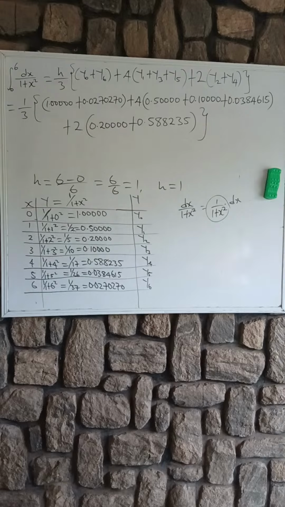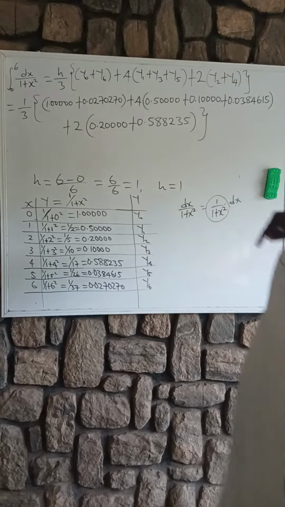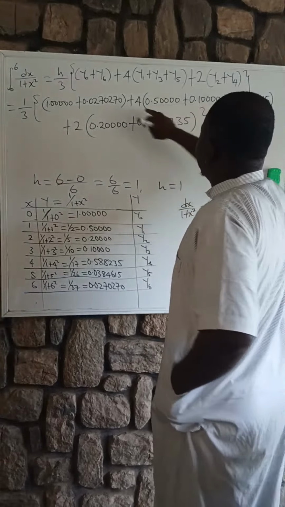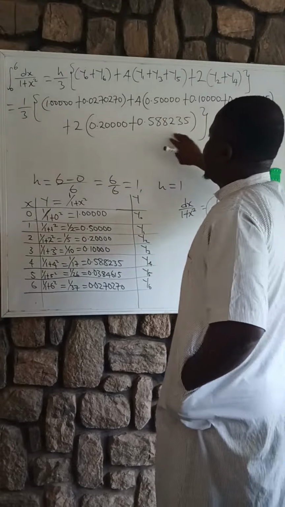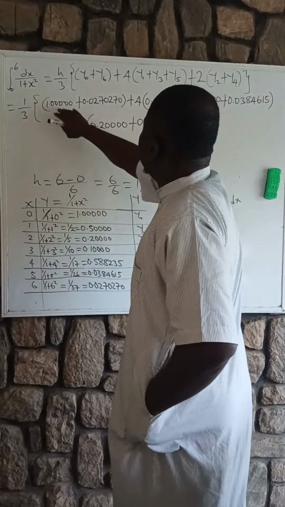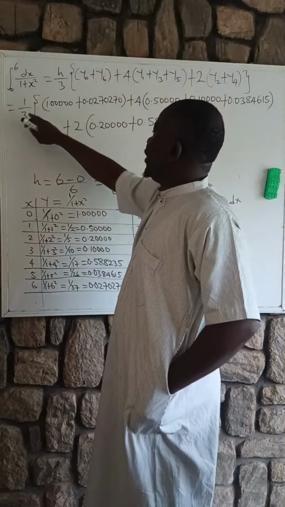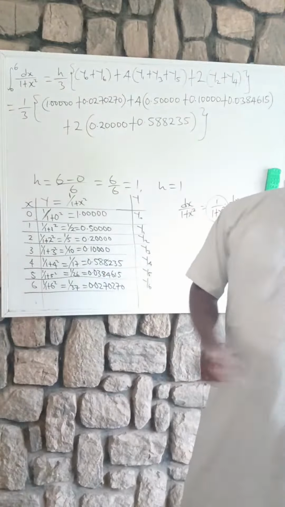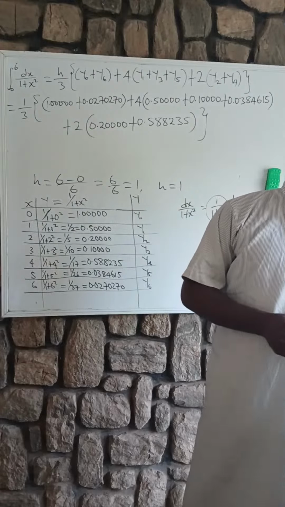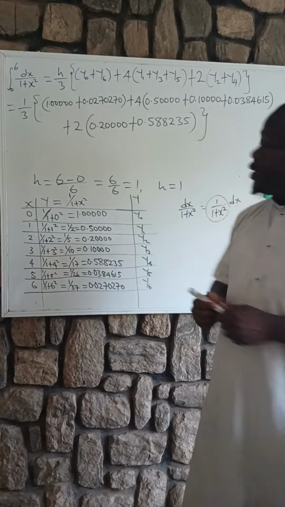Try to add it. And mind you, after adding it, use it to multiply. After adding this bracket, use it to multiply this, and after adding this bracket, use it to multiply this. Then after that you add everything together and divide it by 3. So the final answer will be 1.366.